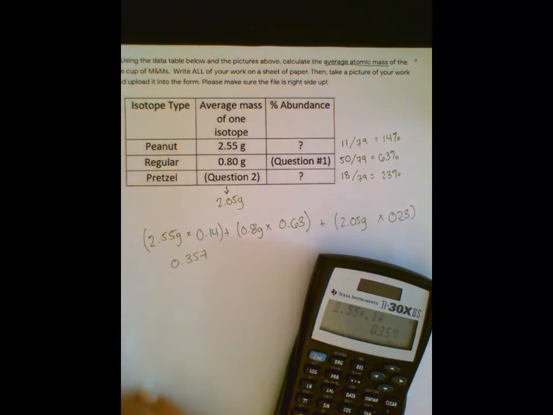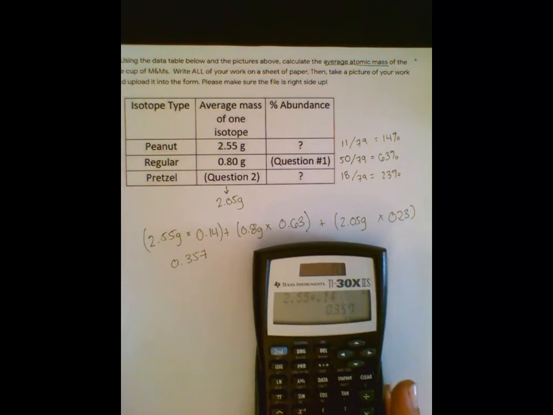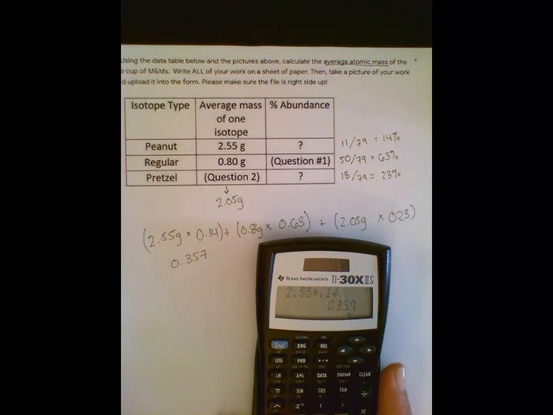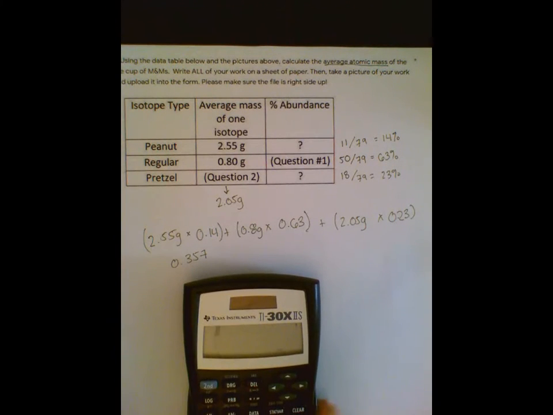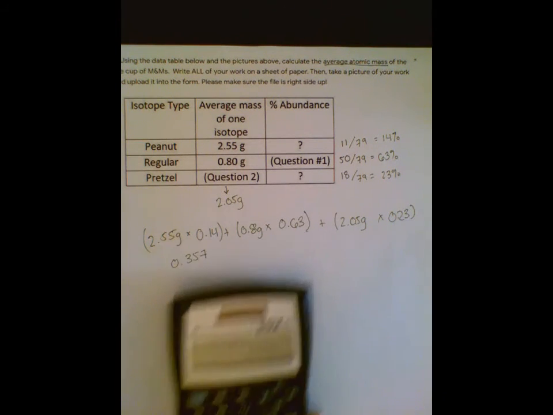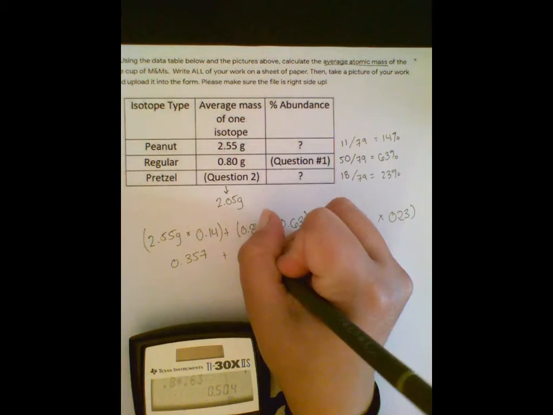Okay. If you wanted to round that to 0.36, make your number a little easier to deal with, you could do that as well. For my next one, I have 0.8 times 0.63. I get 0.504.